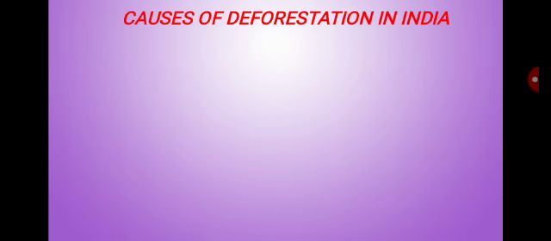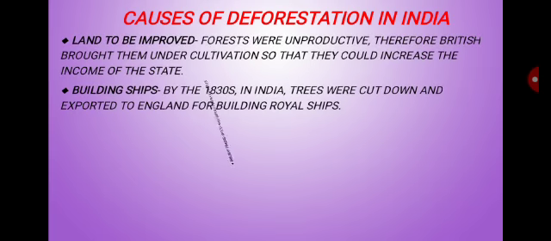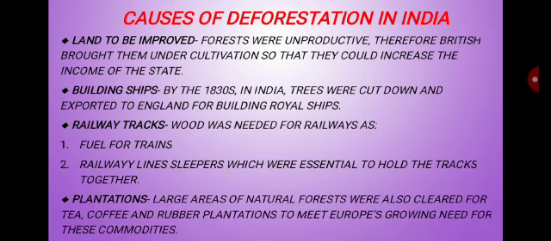What are the causes of deforestation in India? Look here. Land to be improved. At that time, it was believed that these forests are useless. There is no use of so many forests and trees. Colonial rule was there, so the government thought that these forests should be cleared and that land should be used for cultivation.